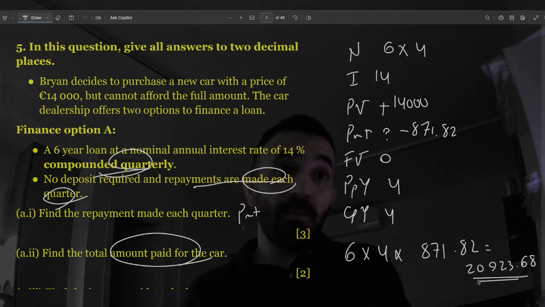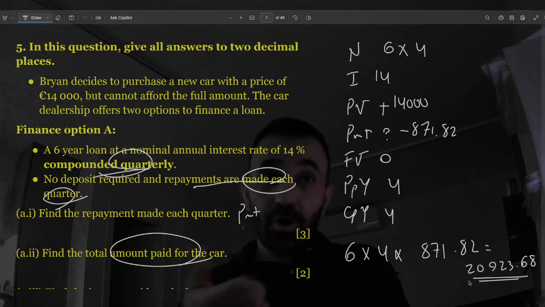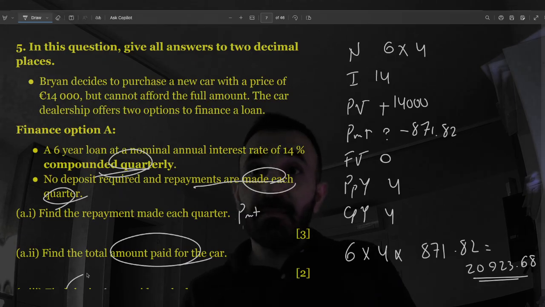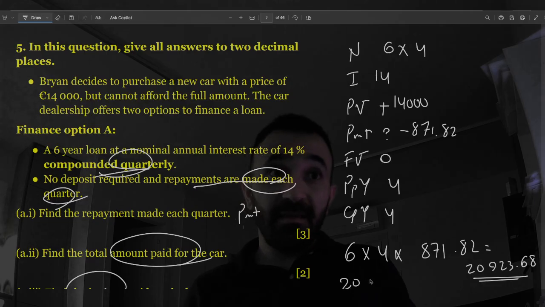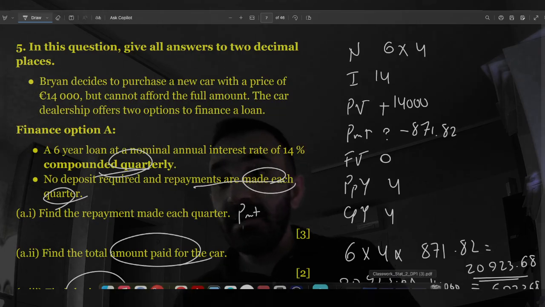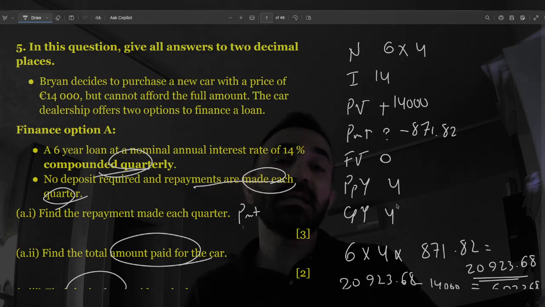This is the total amount of money you paid for the car, which costs $14,000. So how much interest did you pay? 20,923.68 minus the original price of the car. So 6,923.68 is the amount of interest you paid for this car.